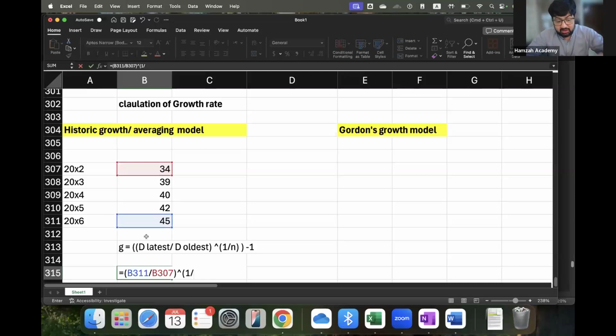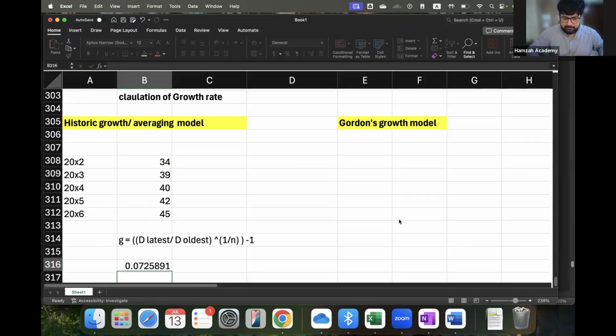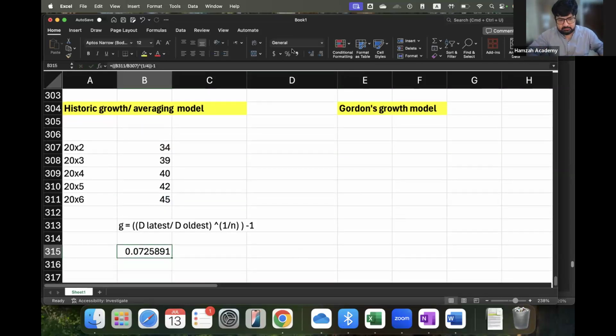Here there are 5 dividends, so intervals are 4. Minus 1 gives 7.3%. That is the historic growth model, or averaging model.